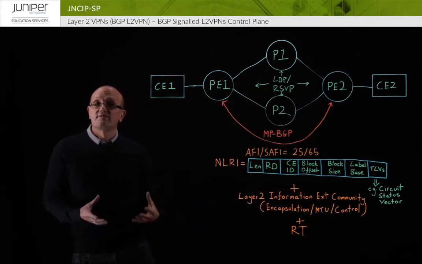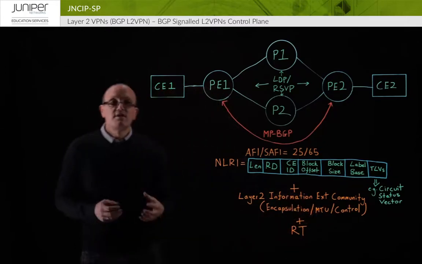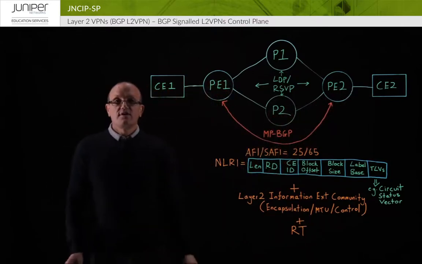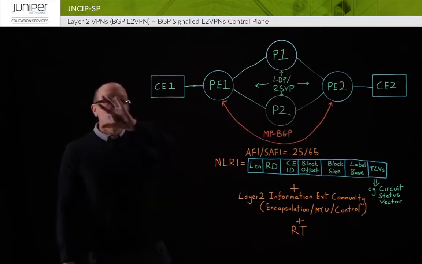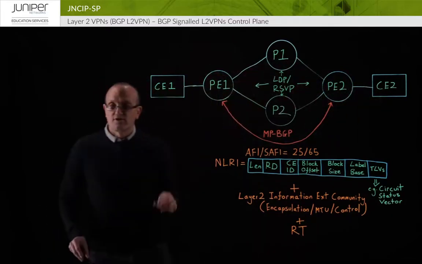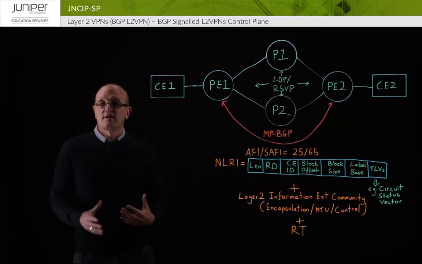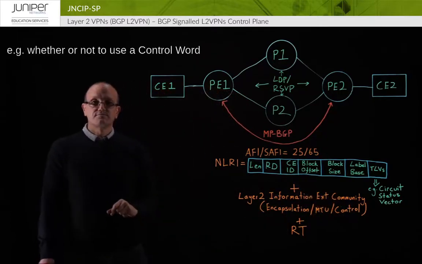Are we using VLANs? That sort of thing. It's also going to be telling us the MTU of the circuit, so we can use this to ensure that there are no MTU mismatches end to end on that virtual circuit, so that we're not going to be causing any strange issues when that circuit comes up. And we're carrying additional control information as well.